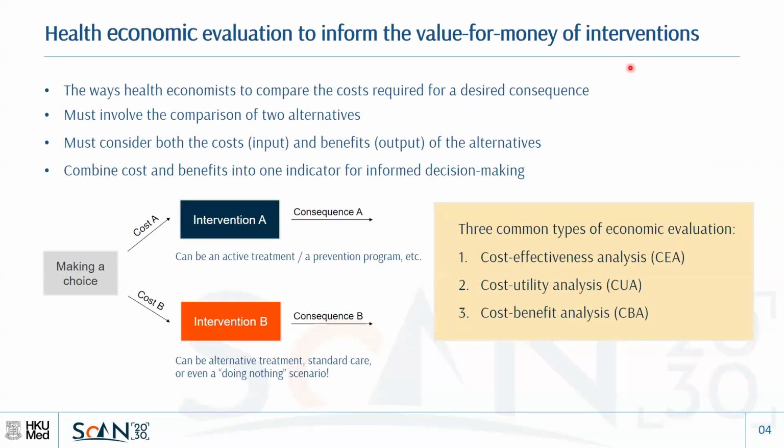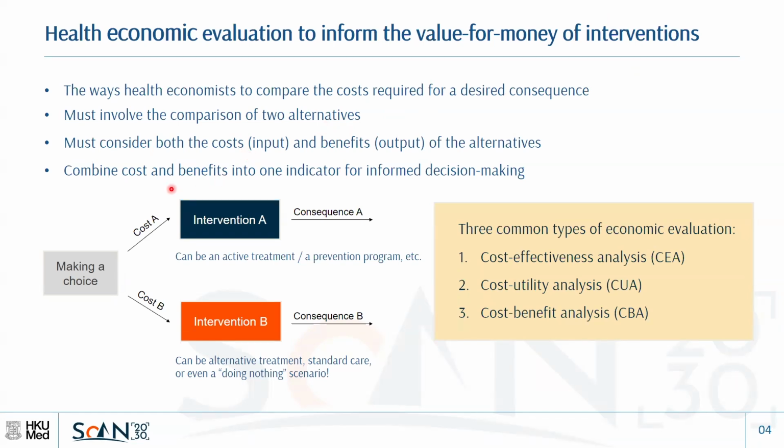Health economics is the science designed to deal with such dilemma. It is a possible way to inform the economic value of treatments, interventions, or programs. There are three features of health economic study. First, it must involve the comparison of two alternatives. Second, it must consider both costs as the inputs and the benefits as the outputs of alternatives.